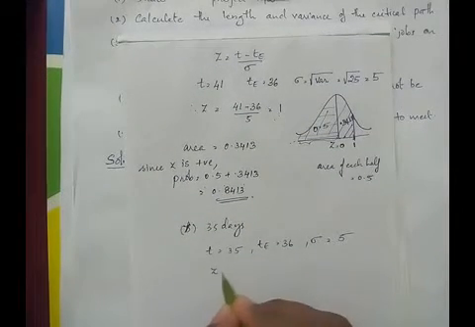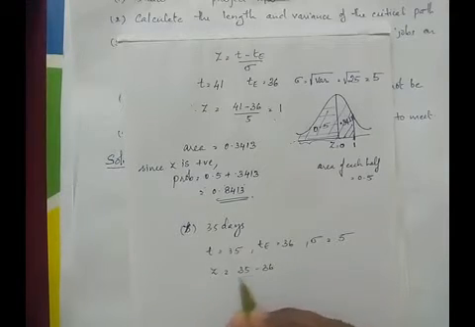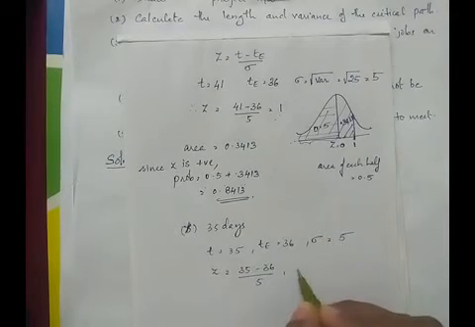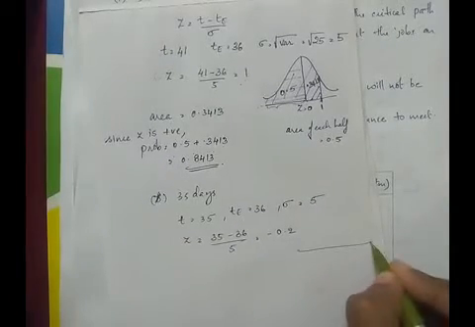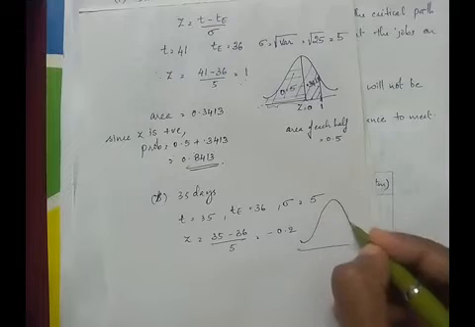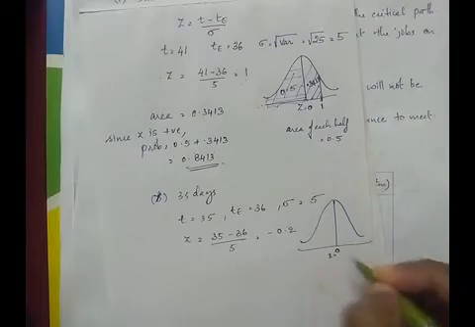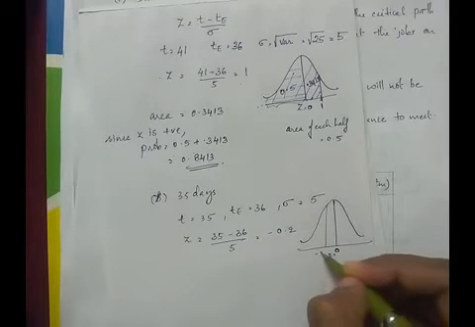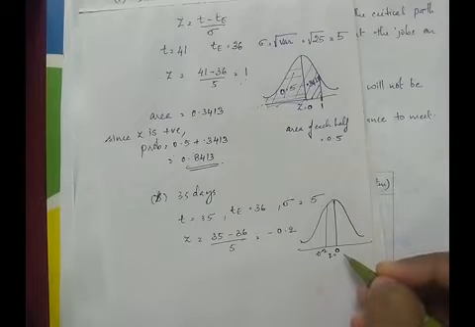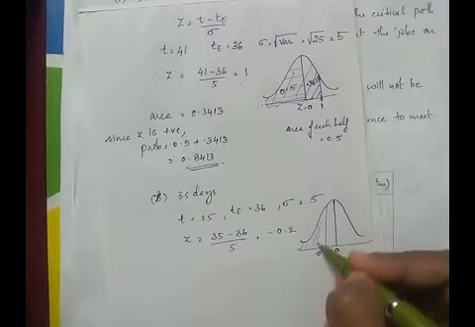Now Z will become (35 minus 36) by 5, which is minus 0.2. While drawing the curve, this is Z equal to 0, and since it is negative, we mark 0.2 to the left of Z equal to 0, and we have to find the area from the left end till here.